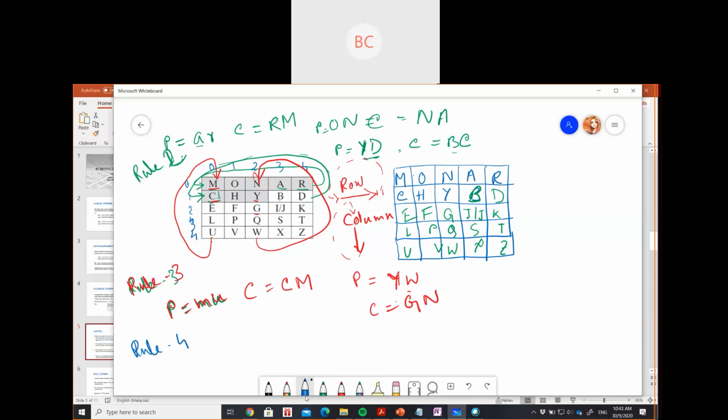We can take the letters HS. Now, how can we replace it? See, what is the location of H? The location of H is 1.